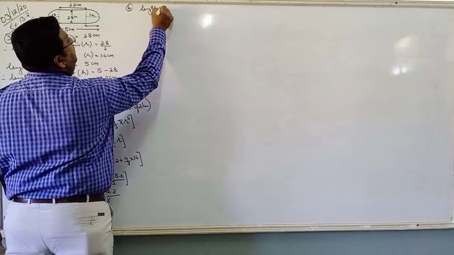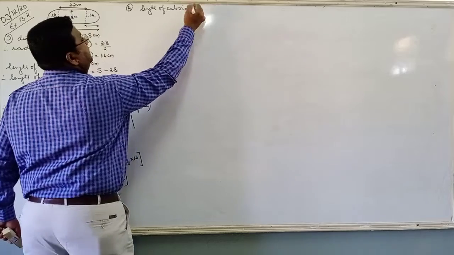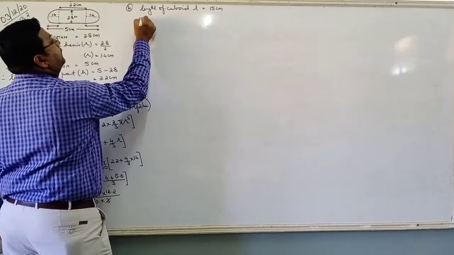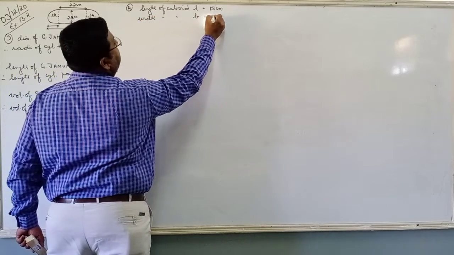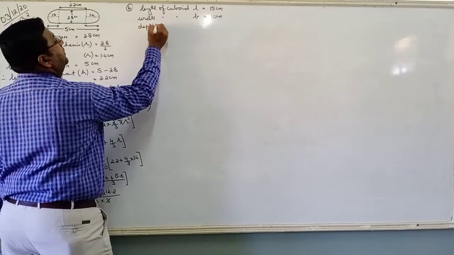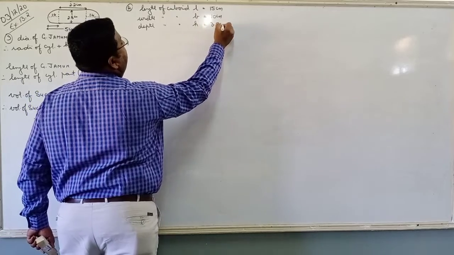Dimensions of cuboid. Length of cuboid L equals to 15 centimeter. Width of cuboid B is equals to 10 centimeter and depth of cuboid H is equals to 3.5 centimeter.